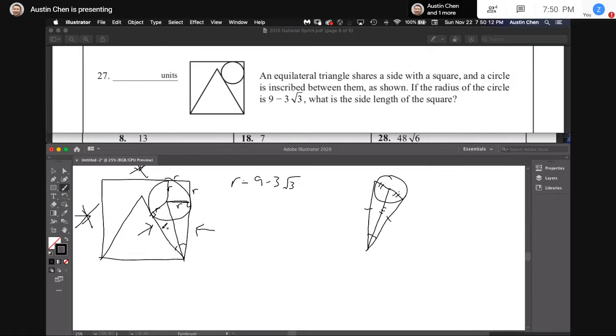Just by AAS. Sure, AAS. They're congruent. That's not too helpful here. What's more helpful is the angle bisector here.